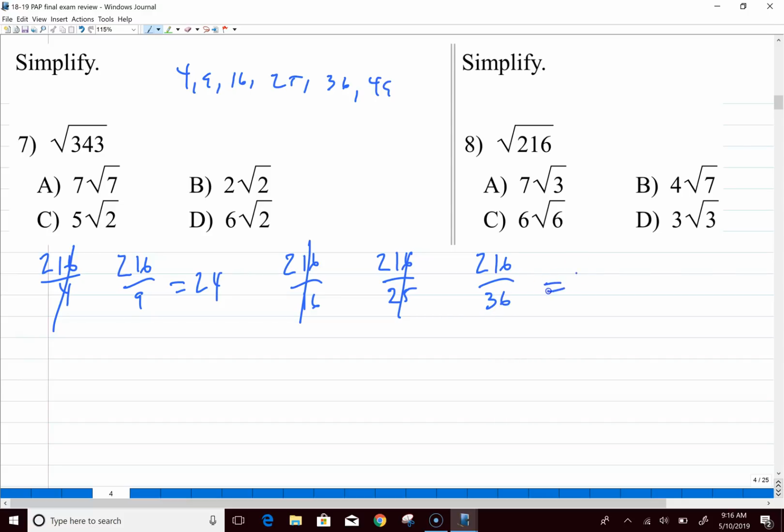There you go, that's what I'm talking about. It gives me a 6. That's what I like. So that means the square root of 216 is equal to the square root of 36 times the square root of 6. The square root of 36 is 6, and then the square root of 6 is the square root of 6.